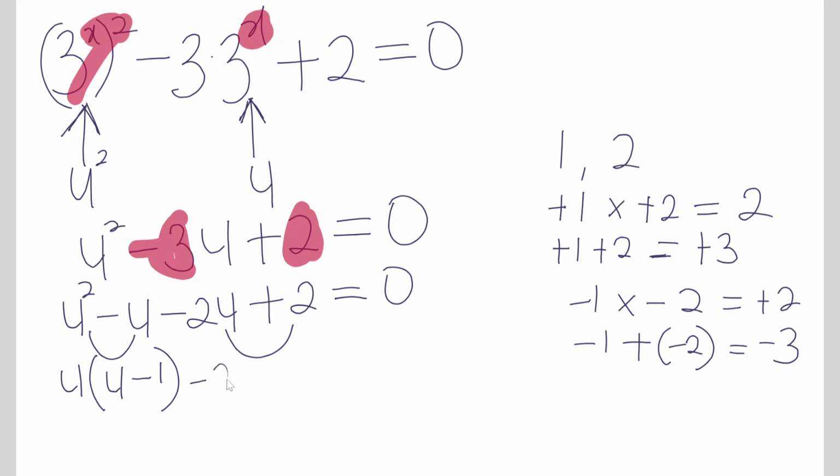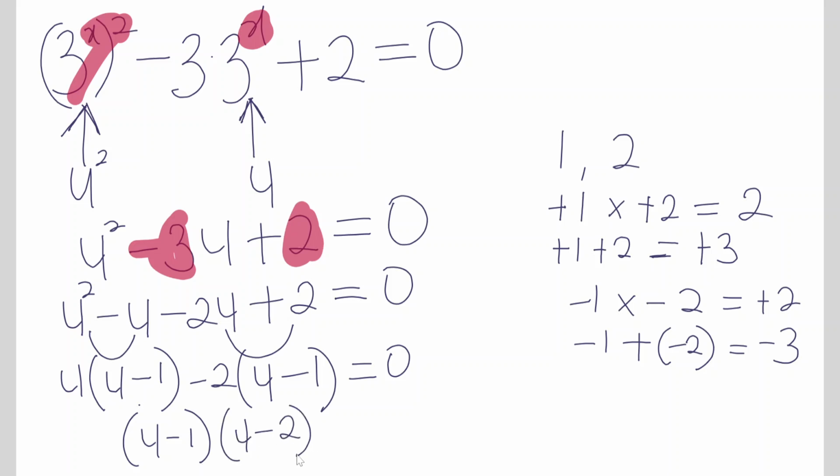Then I will have minus 2, then open the bracket, then minus 2 in minus 2u, we have u. Then minus 2 in plus 2 is going to give you minus 1 equal to 0. So we have 2 factors like this, which is u minus 1. At the same time, we have u minus 2 equal to 0.